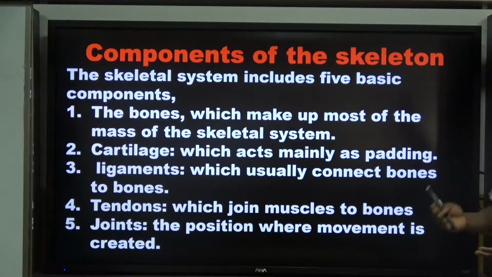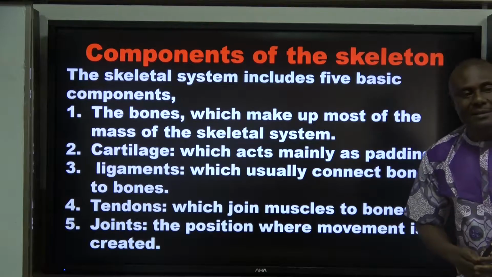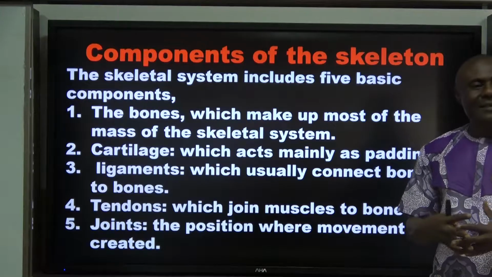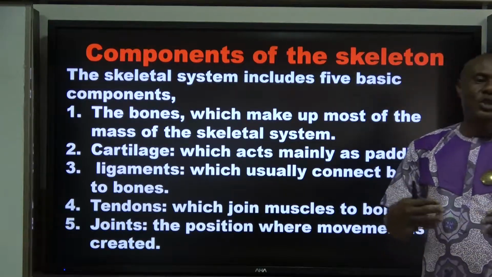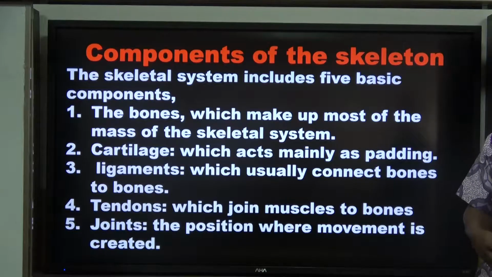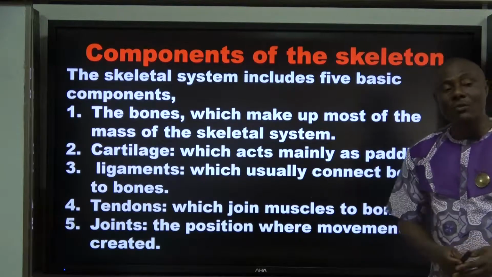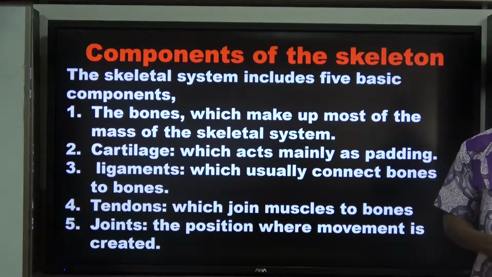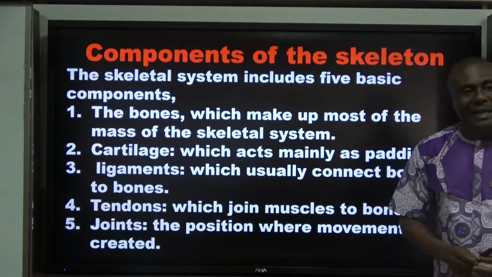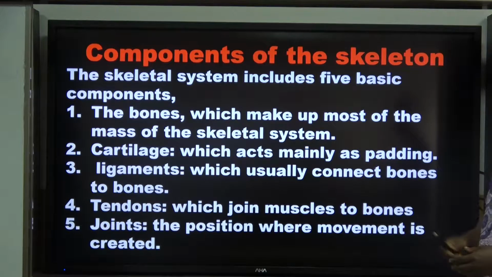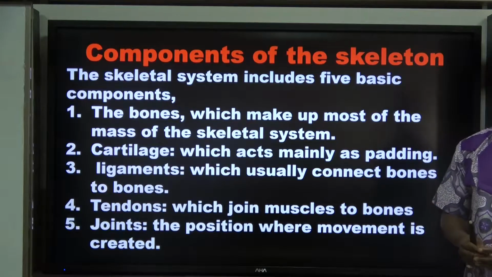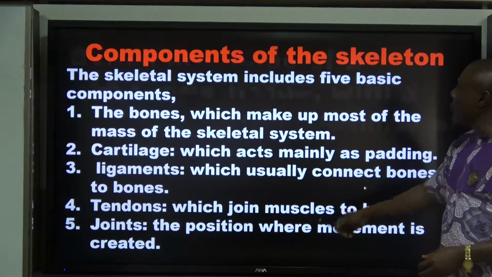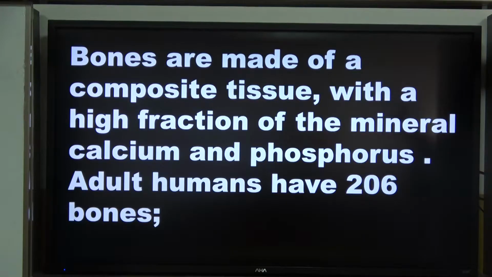We also have the ligaments. The ligament is a fiber that attaches two bones at a joint. We also have the tendons. The tendons are the part that attaches the muscles to the bone. Then we have the joints, the position where movement is created in the skeleton. All these are components of the skeleton.